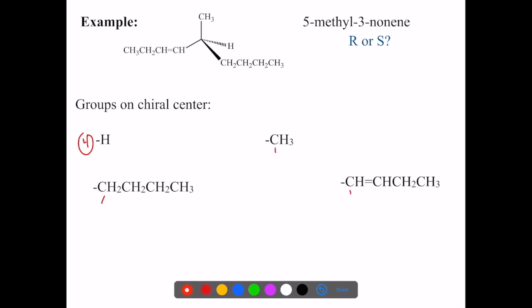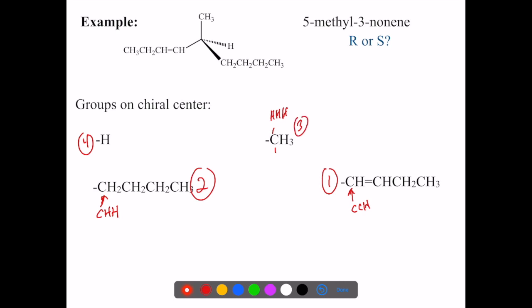It's a 3-way tie. Well, what does this carbon have on it? H, H, H. This carbon has a carbon, H, and an H. And this one has 2 carbons. The double bond means it's got 2 carbons. And we can see the priority now. This will be 1, this will be 2, and this will be 3.